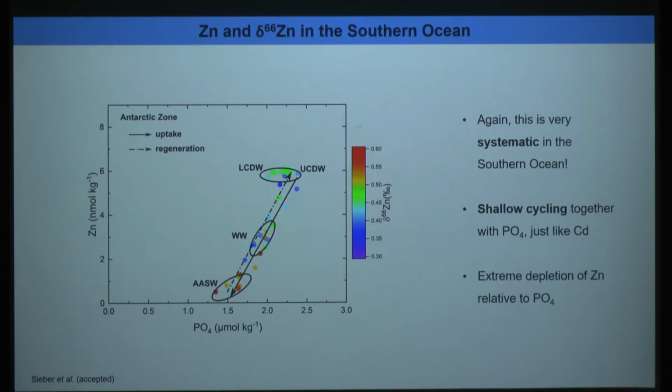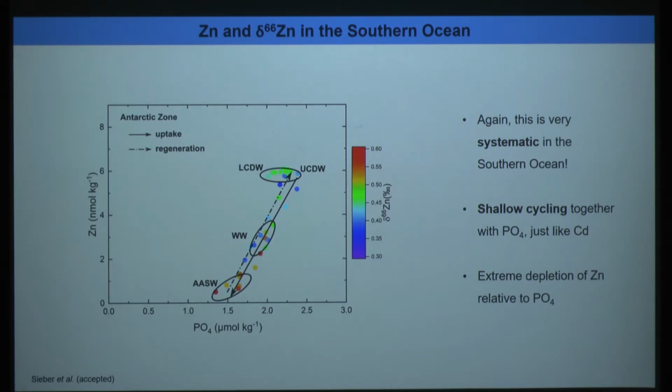And again, just like for cadmium, you can see this is a very steep line or gradient, and actually even steeper. You deplete zinc from 6 nanomoles down to 0.5 or something, so you deplete almost all the zinc just in the surface here, while phosphate again goes from 2.2 to 1.5 or something.